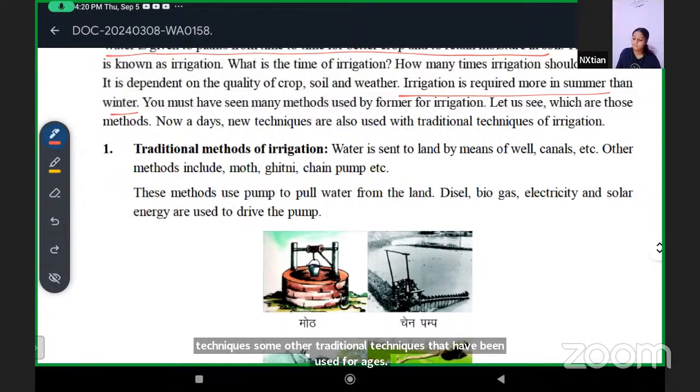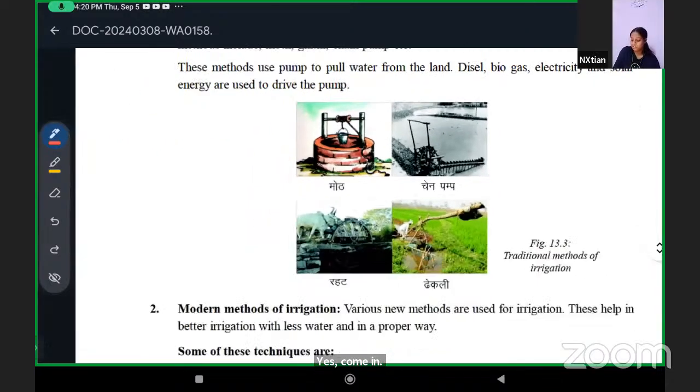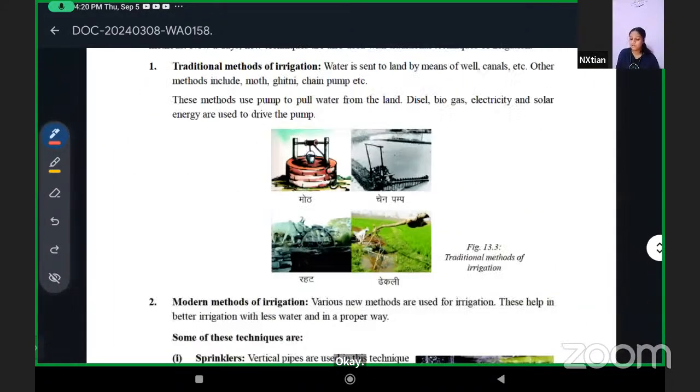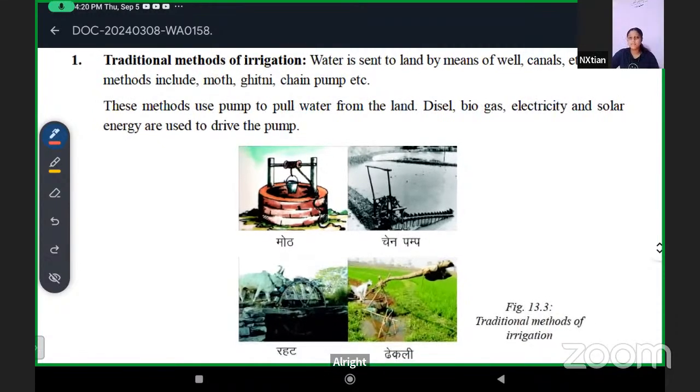Yes, Amir. In ancient Egypt, they used the shadaf. So, how does irrigation take place in that method? It's like a type of seesaw that can be turned around 360 degrees, and one side has a weight and the other side has a kind of bucket.